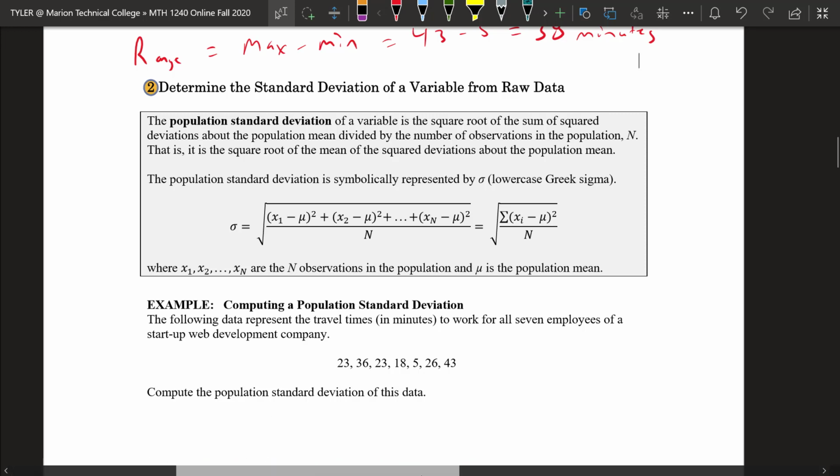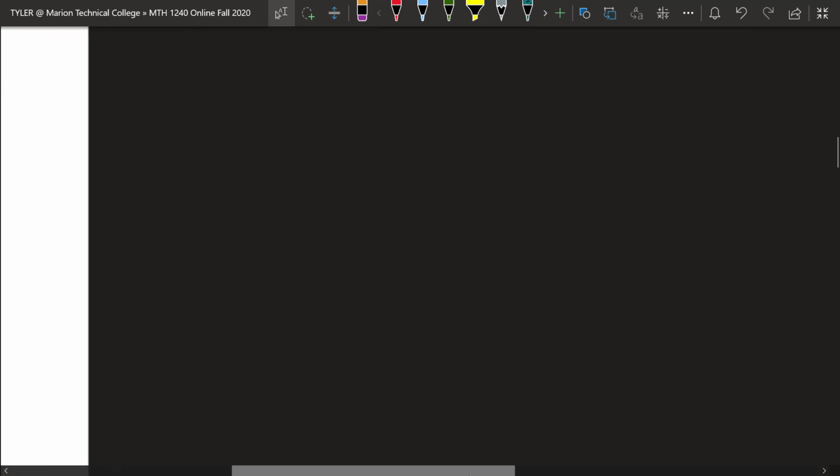So remember, to calculate the population mean, we use mu for population mean, right?